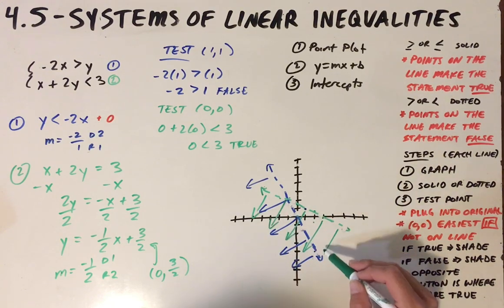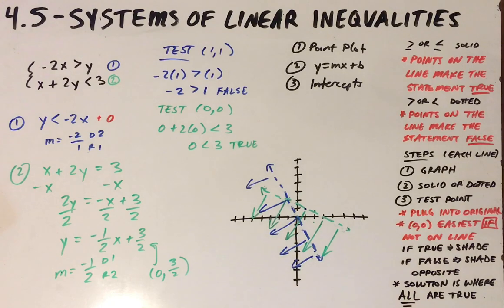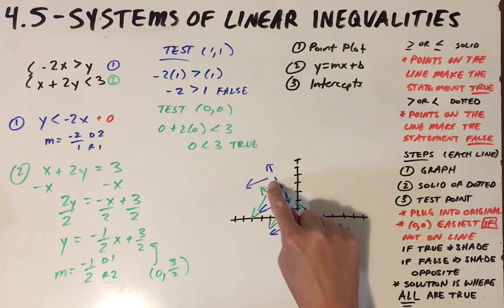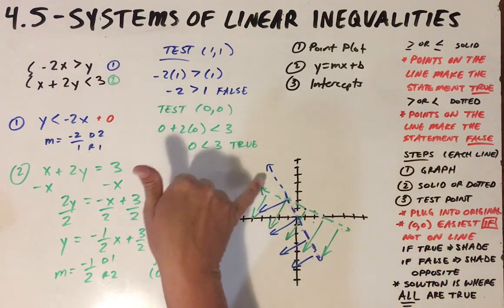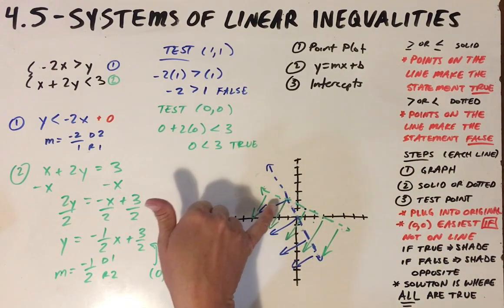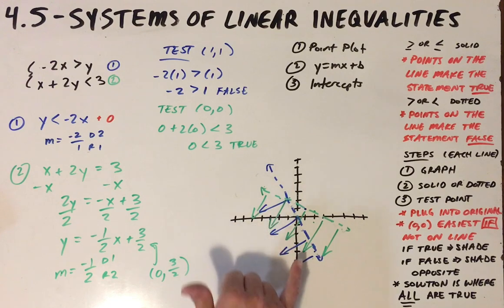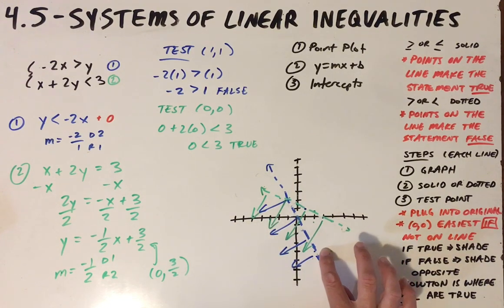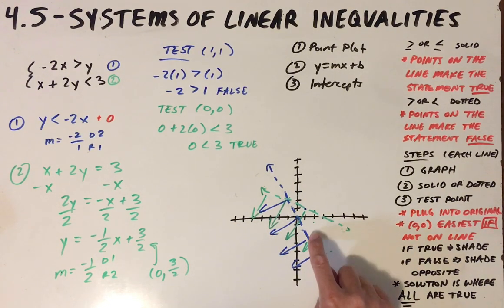So the only difference here between graphing just a single inequality versus graphing 2 inequalities is that you want to make sure that the solution is where all are true. So this area right here, in between here, only the blue is true. From here down to here, the blue and the green are true, and from here to here, only the green is true.